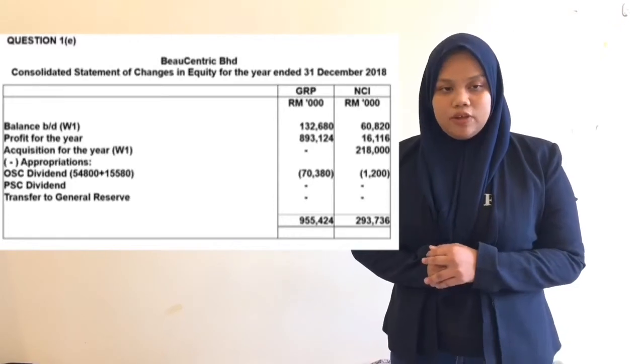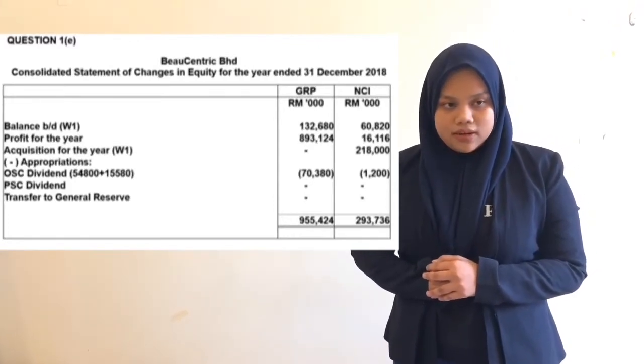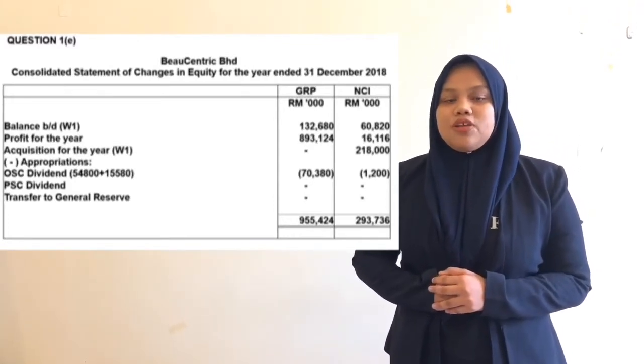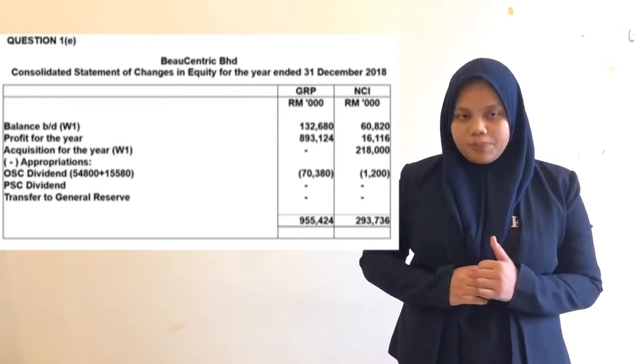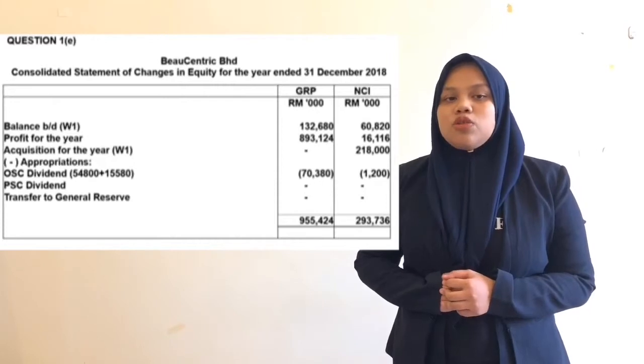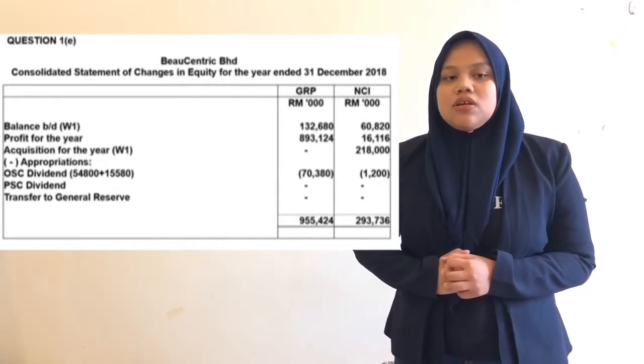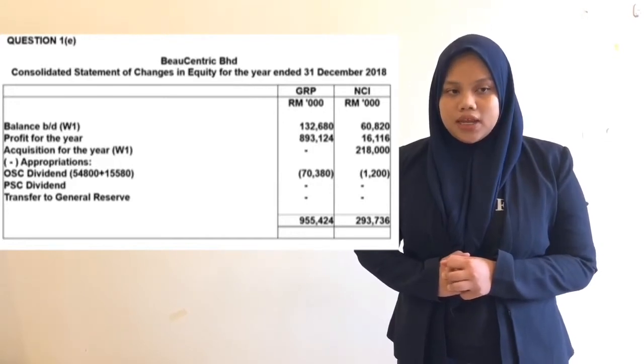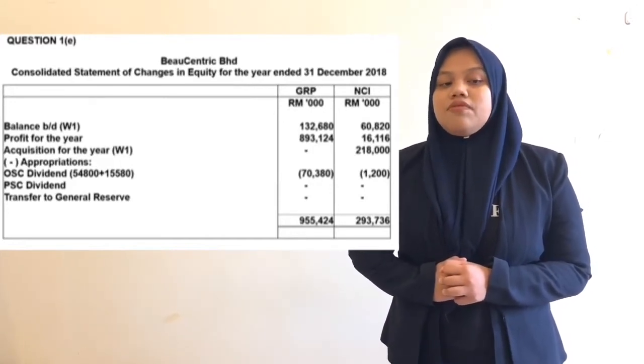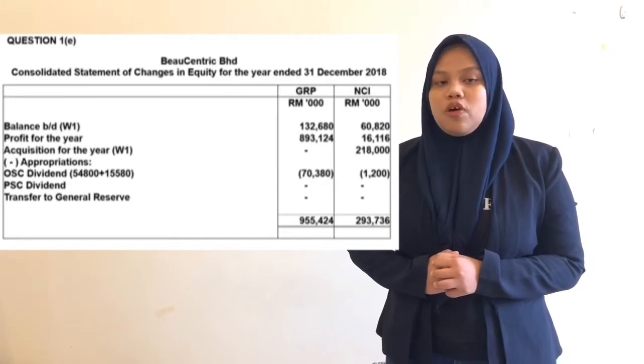Next, for closing equity for group retained profit, first balance b/d 132.68 million plus profit for the year from the SOPL 893.124 million minus OSC dividend 70.38 million, and the total we get is 955.424 million.